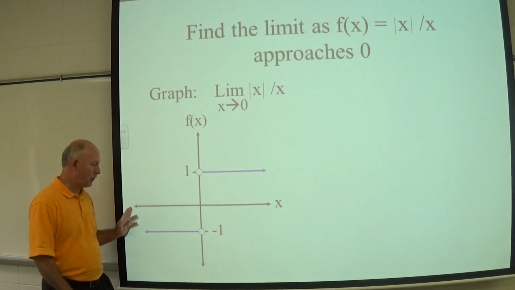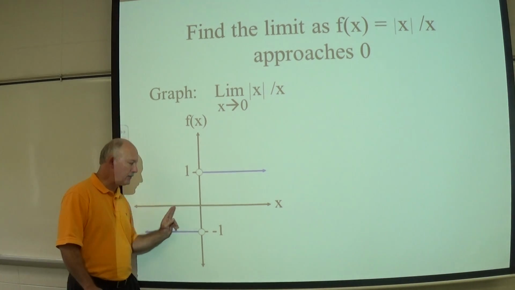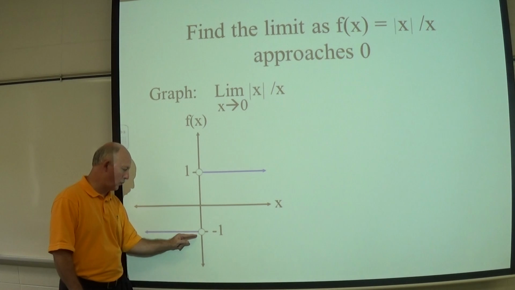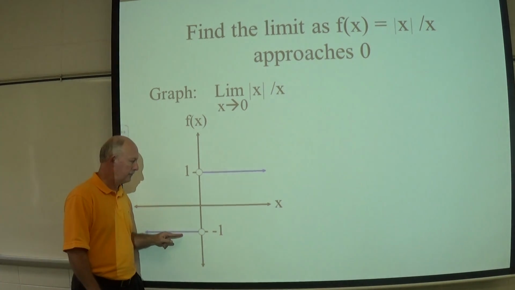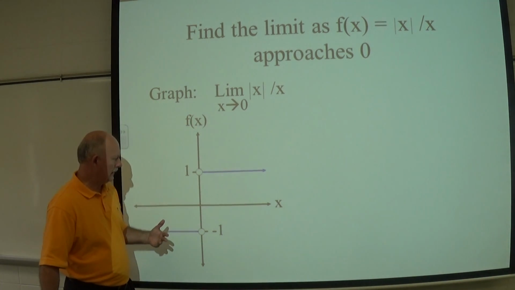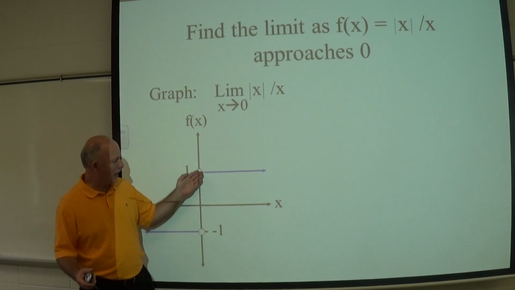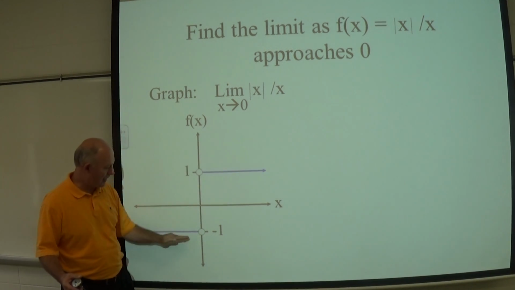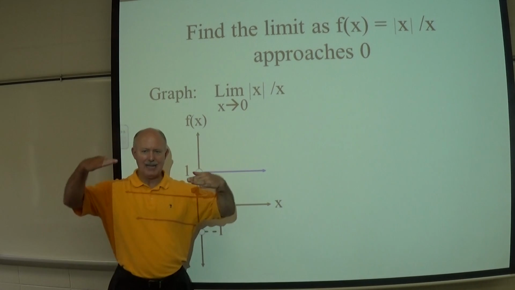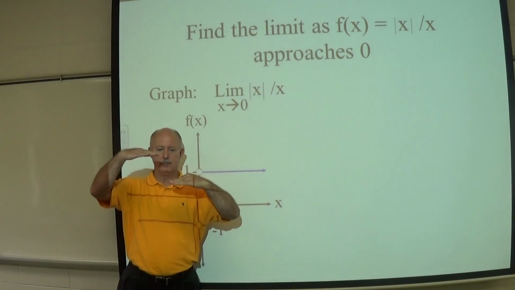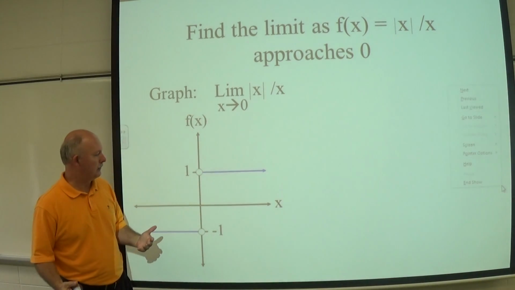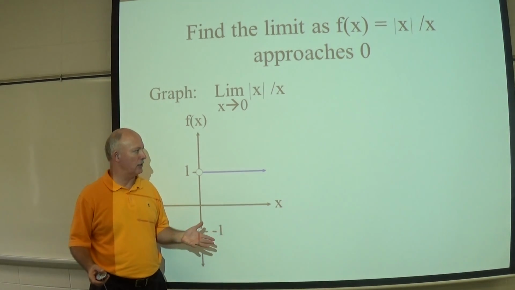Now, as x approaches 0 from the left-hand direction, your corresponding y values are all negative 1. So the right-hand limit is 1, the left-hand limit is negative 1, and they don't meet. So that indicates that there is no limit in this particular function.